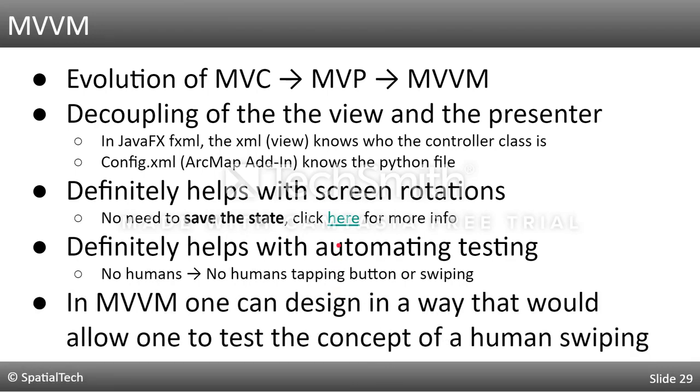In MVVM, one can design in a way that would allow one to test the concept of a human swiping, on single tap, on tap and hold, a user pressing down and holding. You can test these kinds of scenarios without actually having to make an APK, put it in the store, have a person download it, install it, and tap on it. Does it work? That's a long debug cycle.